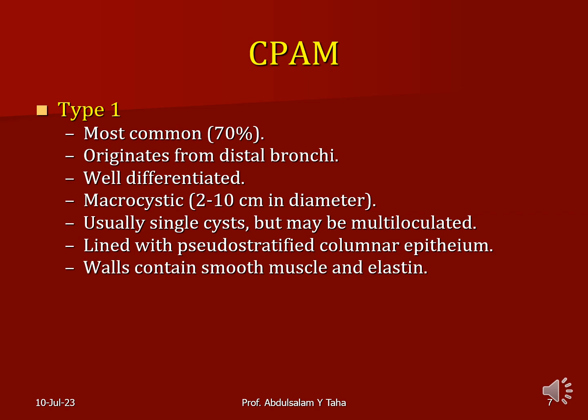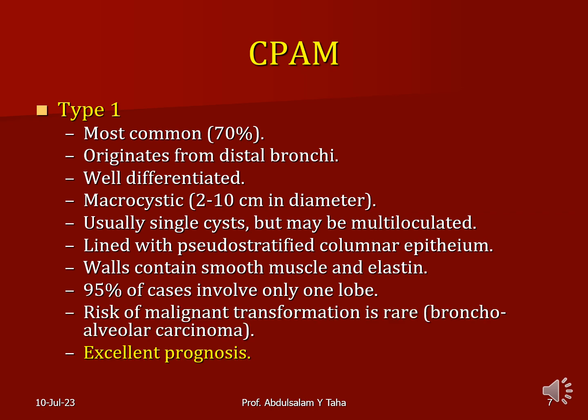The walls contain smooth muscle and elastin. 95% of cases involve only a single lobe. The risk of malignant transformation is rare, transformation into bronchoalveolar carcinoma, and the prognosis is excellent.